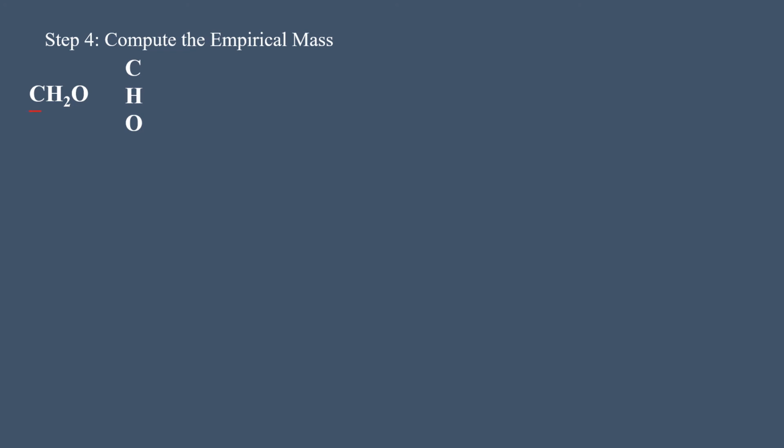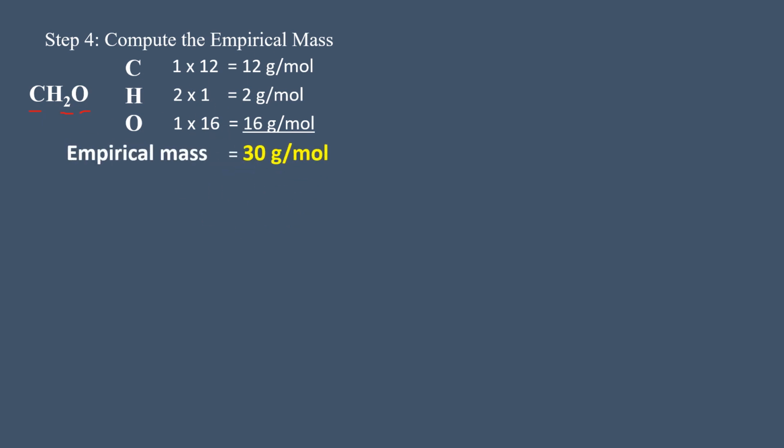So for carbon, we have one atom of it multiplied by 12, which is the atomic mass, will give you 12 gram per mole. For hydrogen, we have two atoms multiplied by 1, which is the atomic mass of hydrogen, and will give you 2 gram per mole. And for oxygen, we only have one atom multiplied by 16, which is the atomic mass of oxygen, and it will give you 16 gram per mole. Get the sum, and that would be your empirical mass, which is equal to 30 gram per mole.